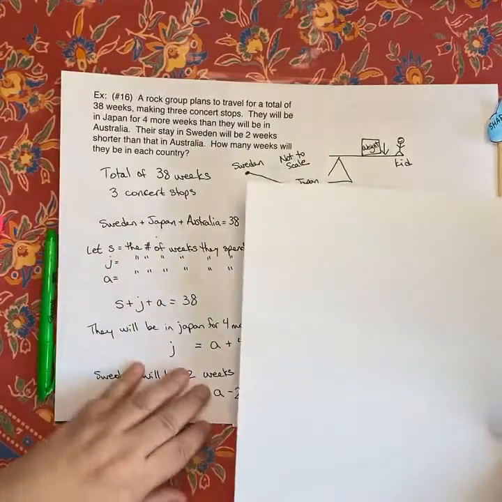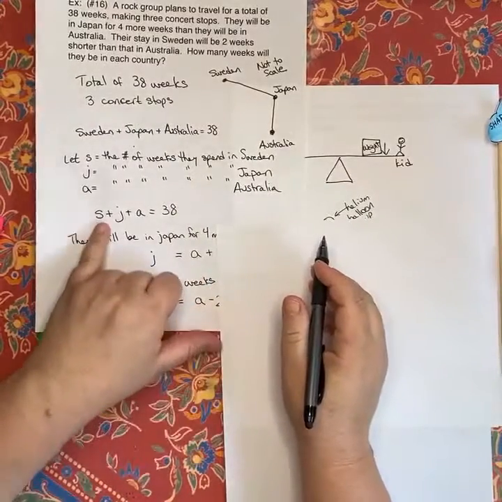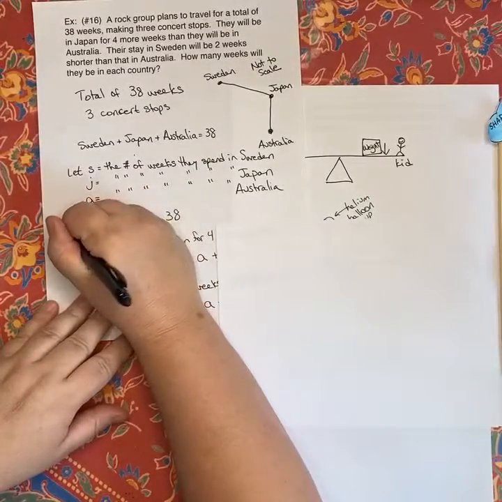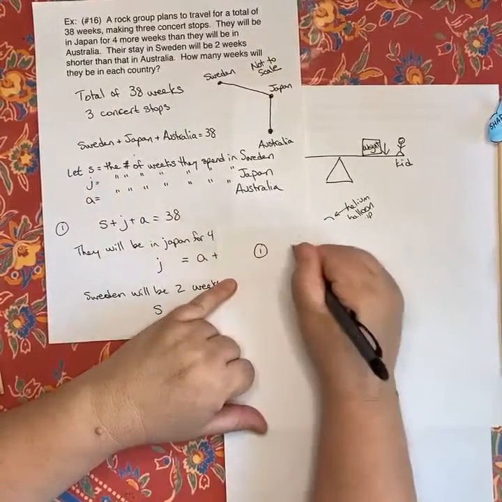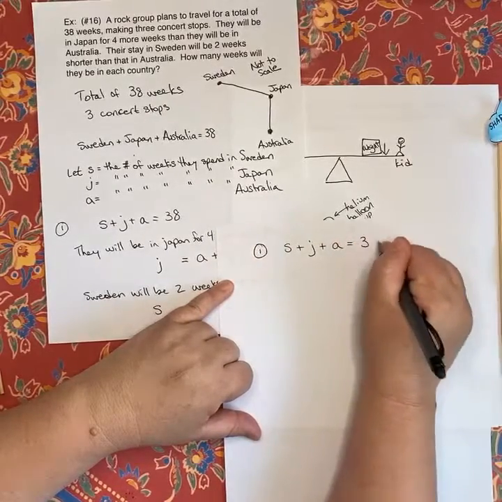Okay, let's take this nice clean piece of paper and write down all the things that we have that are equations. So I've got an equation right here that says Sweden plus Japan plus Australia will be 38.